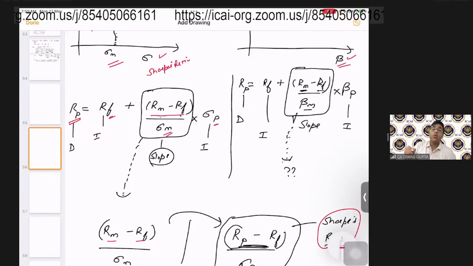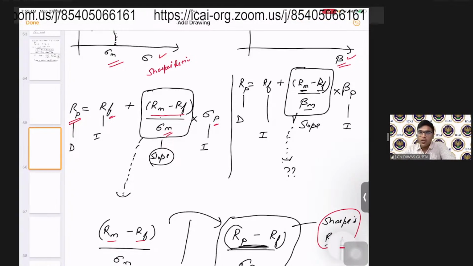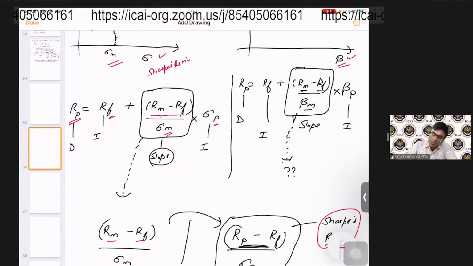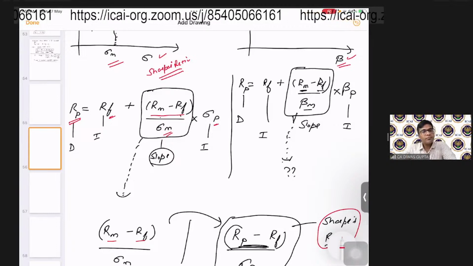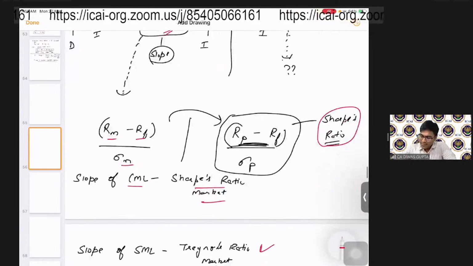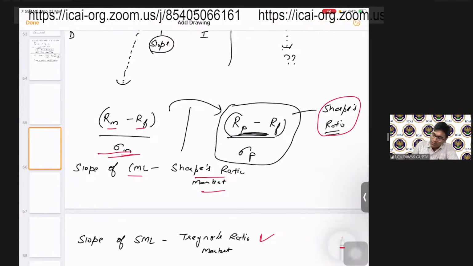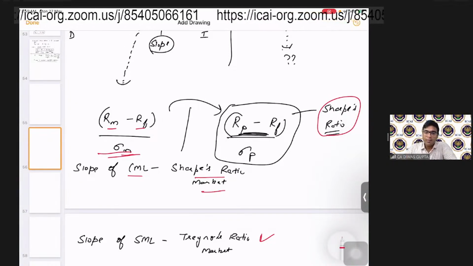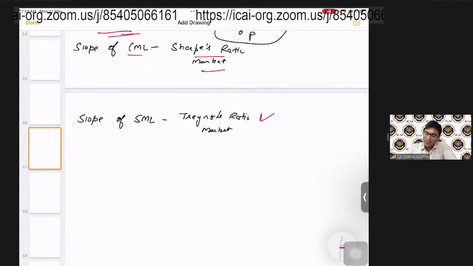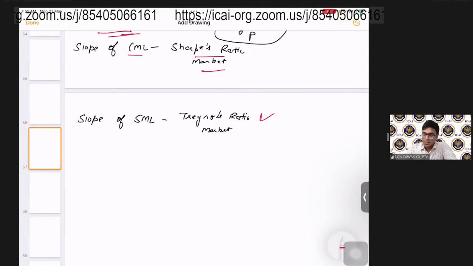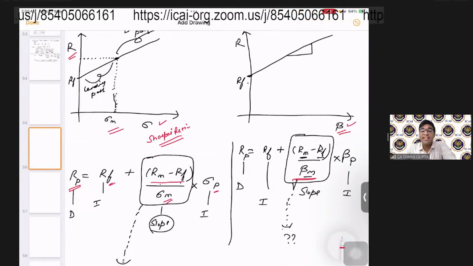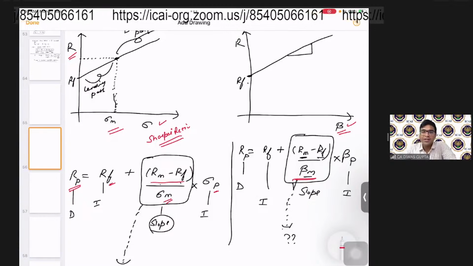Students, for a portfolio we can calculate a Sharpe's ratio or Treynor's ratio. Similarly, for the market we can also calculate the Sharpe's ratio and Treynor's ratio. Hence, this is the Sharpe's ratio for the market, which is the slope of the capital market line. And the slope of the securities market line is equal to the Treynor's ratio, because we make use of beta here, as we would have discussed in detail in the recorded lectures.